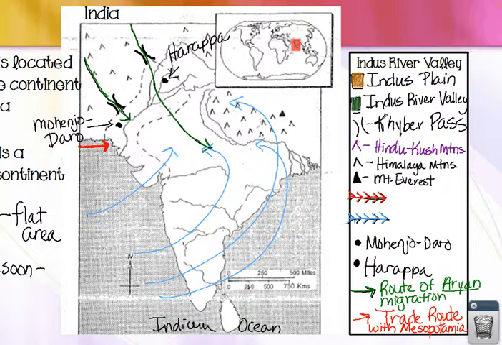All right, so when these winds blow up from the Indian Ocean into India, okay, this is the summer monsoon. So we're going to mark this one the summer monsoon. It is a wet monsoon, okay? It's wet either way, but hopefully you'll understand here in a minute. It's bringing wet moisture in from the ocean.